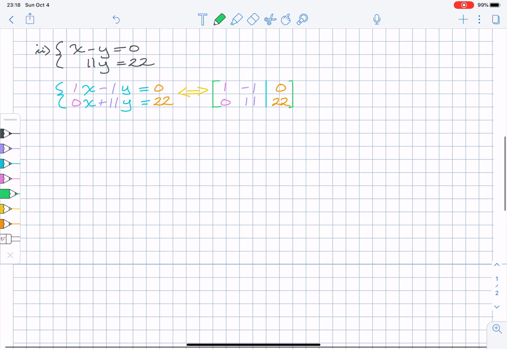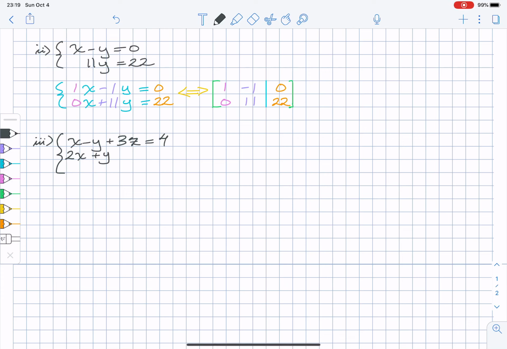Okay, so number 3. Let's say we have x minus y plus 3z is equal to 4, 2x plus y minus z is equal to 5, and negative 2y plus 9z is equal to 7.